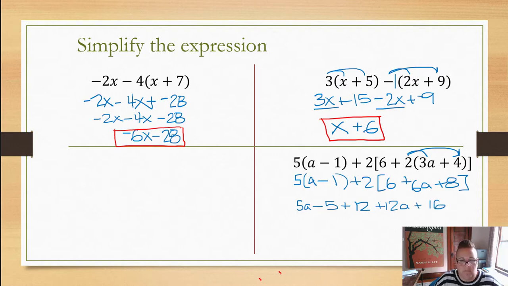Now I can combine all my like terms. I got a 5a, I've got a plus 12a, that should be 17a. I got a minus 5 plus 12 plus 16, that should give me a plus 23.